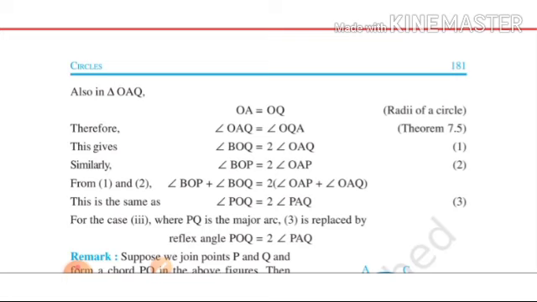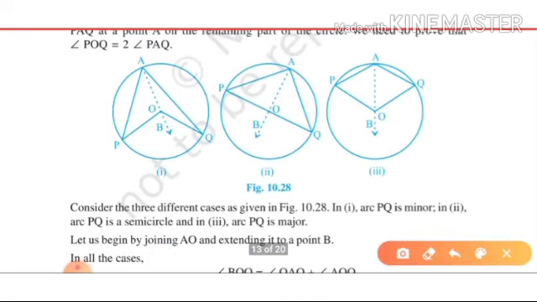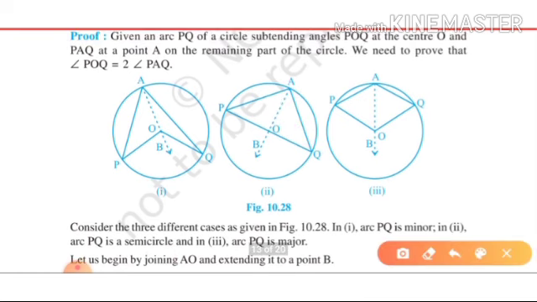Also in triangle OAQ, OA is equal to OQ, radii of the same circle. Now if you see, this OA and this OQ are equal, for all of them. OA, OQ, OA, OQ, they are radii of the circle.